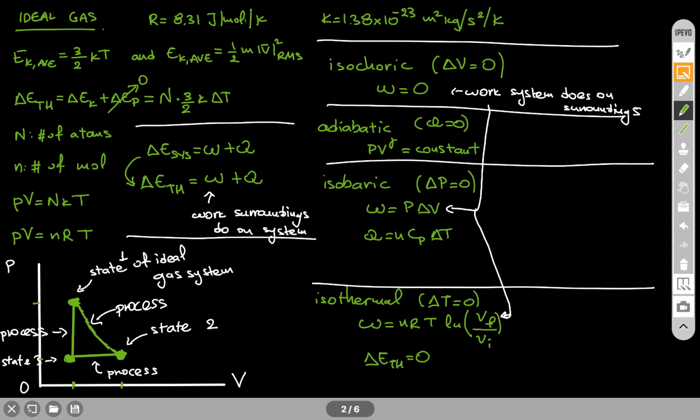In this case, the work that the gas does is the pressure times the change in the volume. And I'm gonna use this expression to find the work that the gas does, and I will also use this expression to find Q. So let's go.